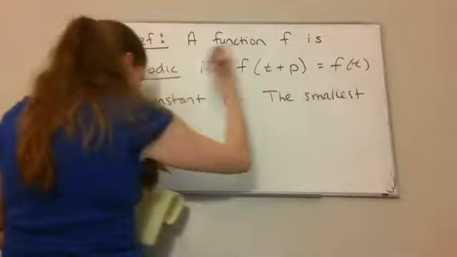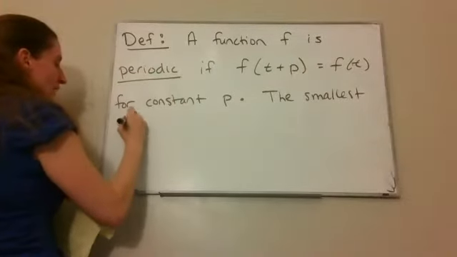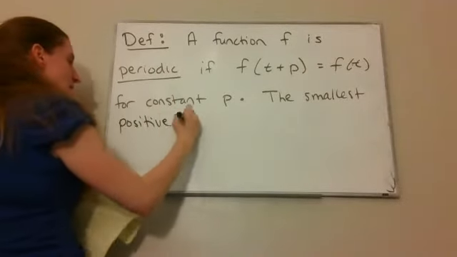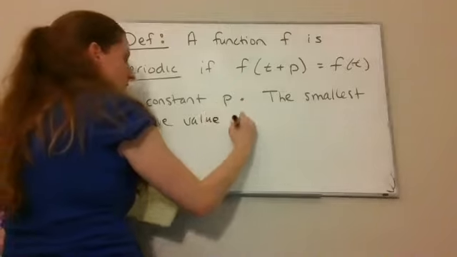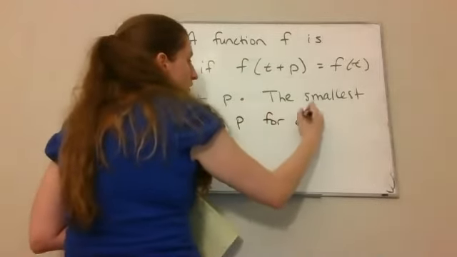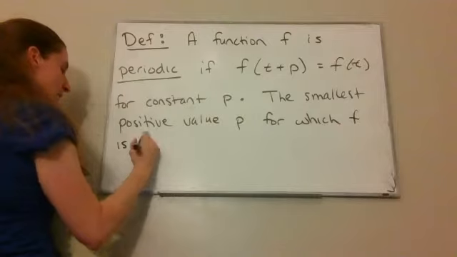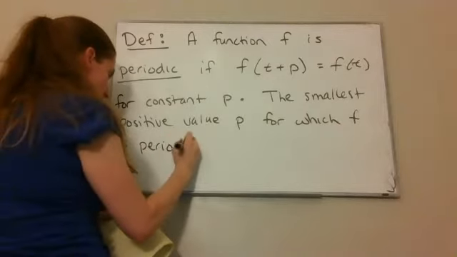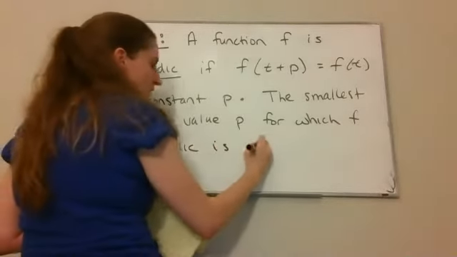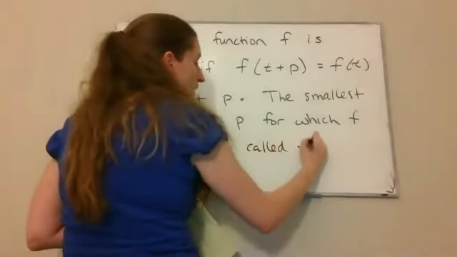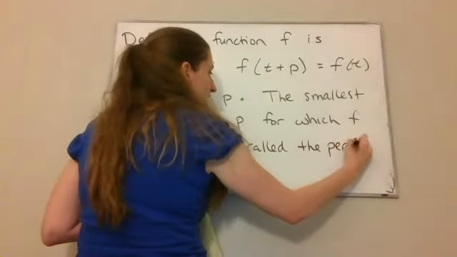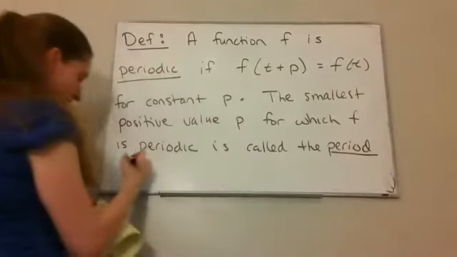And the smallest positive value p for which f is periodic is called the period of f.